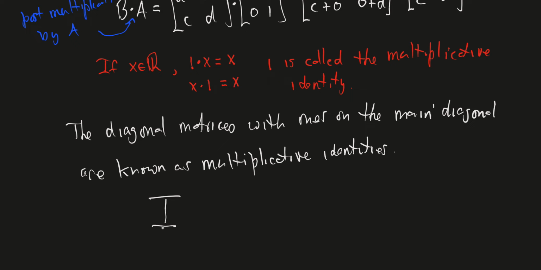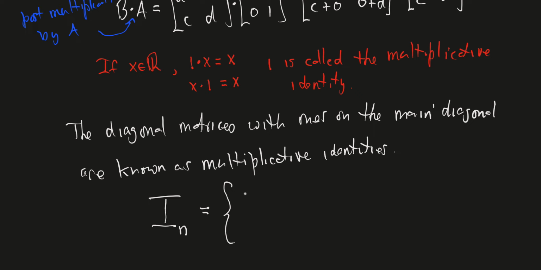We know it has to be square because I said it's diagonal. So we just use a single n here, and that n is understood to be the number of rows and columns. So I sub n. Again, I'm restating the definition from earlier, but now this is the special notation we will use henceforth for the n by n identity matrix.